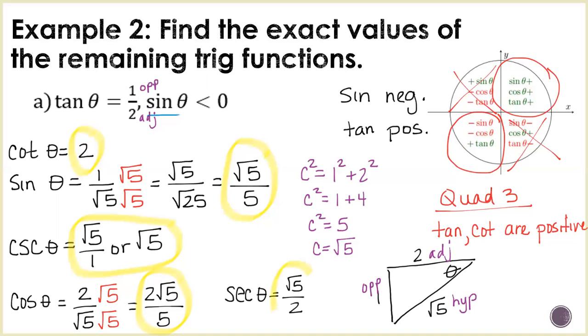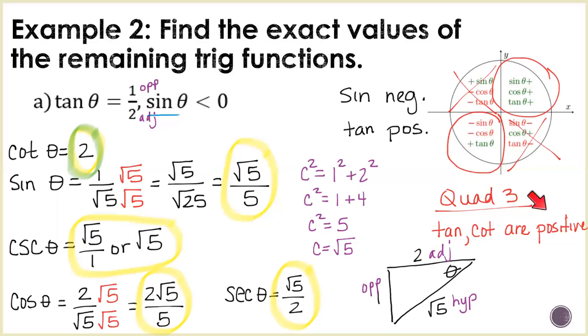Of these 5 that I found, only tangent and cotangent are positive. So the only one that can stay positive is cotangent. I actually circle that in green. So let's go back in and put our negative with these 4.